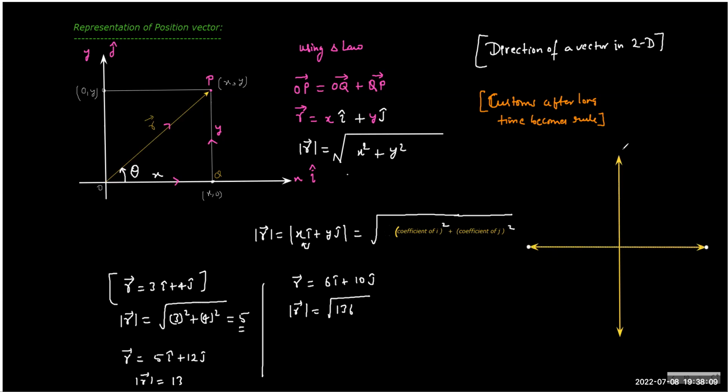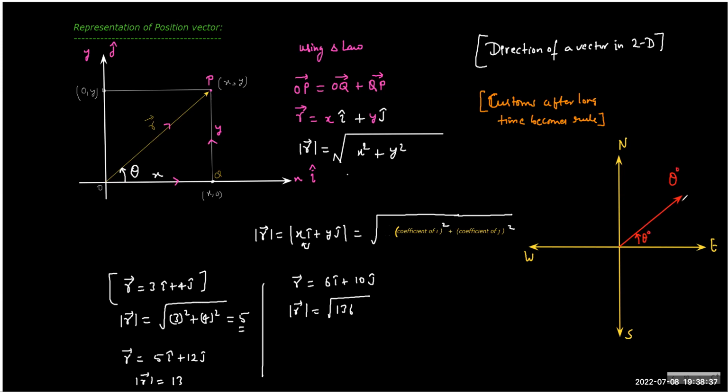This we call north, this we call east, then this is south, this is west. So what is this angle? You can see the angle is with respect to east. So this is called theta degree, or radian, let's say degree.